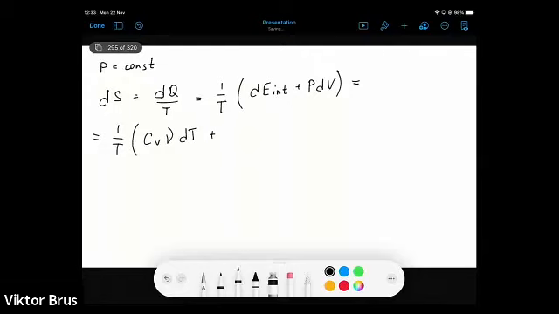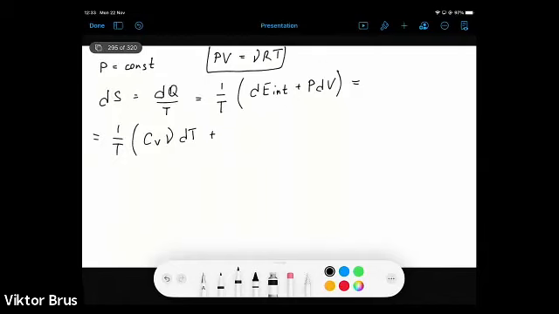We can recall the equation of state for ideal gas, which is P times V equals nu times RT.